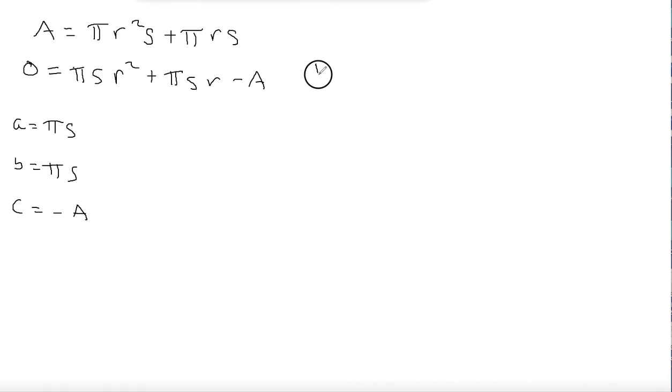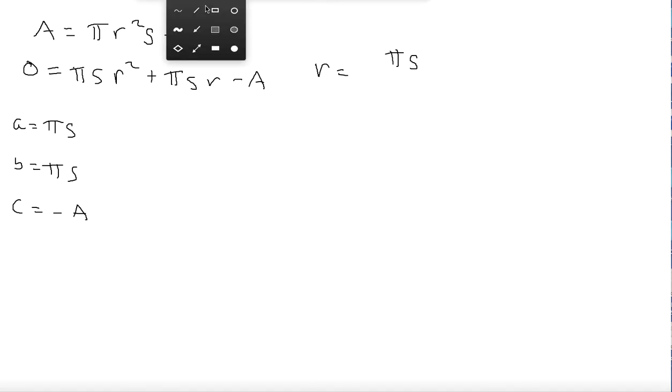So it's going to be r equals negative b, so negative pi s. That's going to be hard to see in a second. Let me get rid of that.